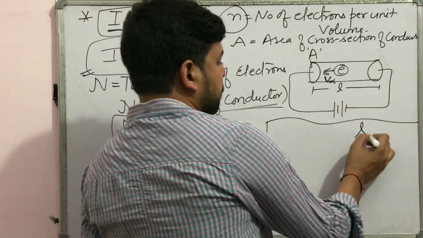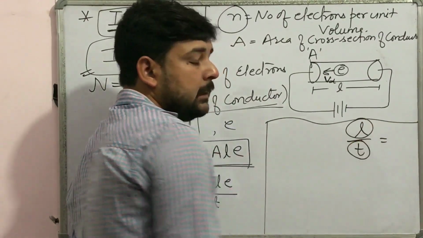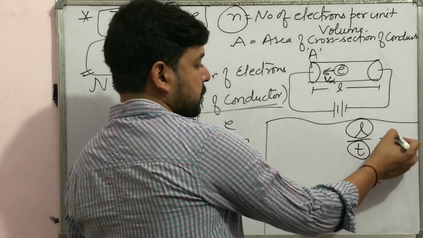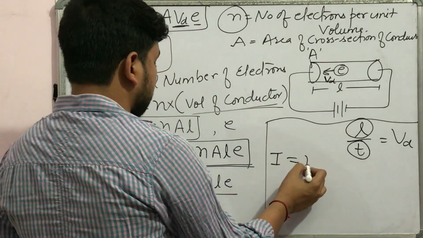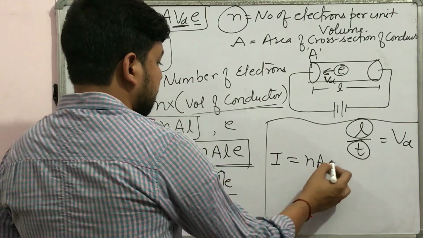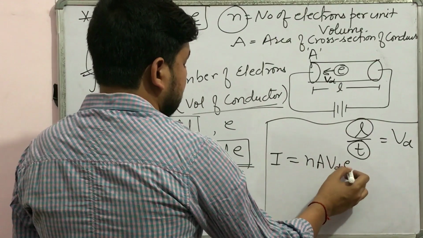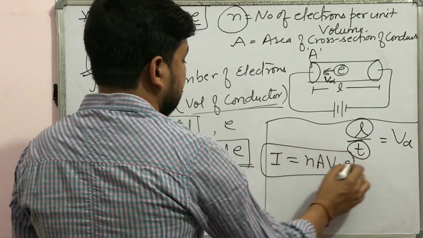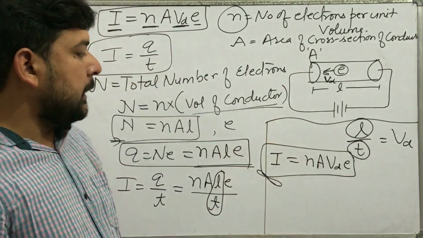So L upon t is what? This is distance, this is time, and distance over time is velocity, Vd. That's why I comes to be nA, and in place of L over t it is Vd, and then e. So I equals nAVde.